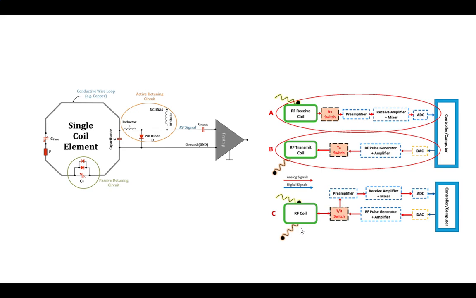So anyway, you've got a preamp and then the receiver and then a mixer that's coming from everybody else, and then the analog-to-digital converter, which does your readout going to the controller. Reverse, a DAC into your pulse generator. This is typically an op-amp type of circuit to generate a bigger pulse.